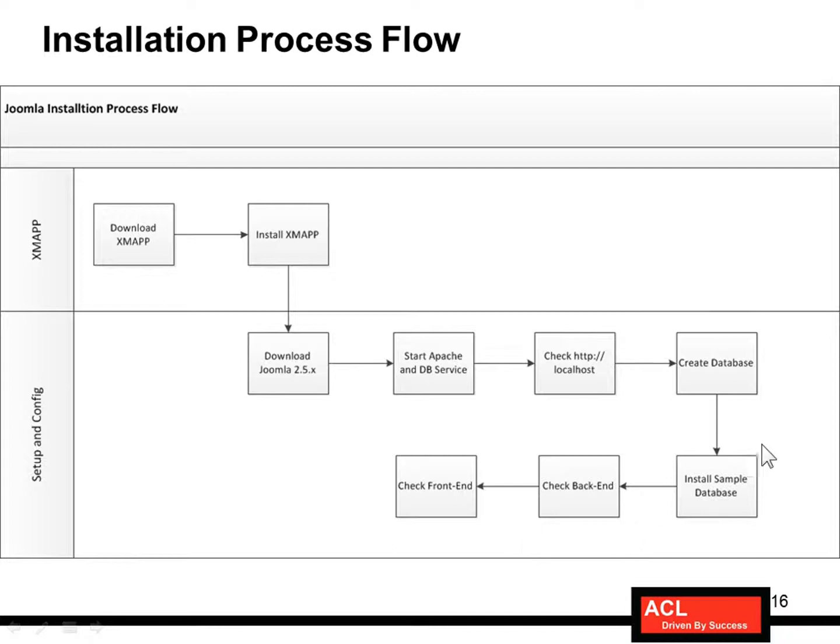I don't want to discuss it at this point of time, but at the moment what you need to do for installation is these three things: downloading and installing XAMPP, and downloading and installing Joomla. The rest of the process map we will see a little while from now. Alright, so let's proceed further.